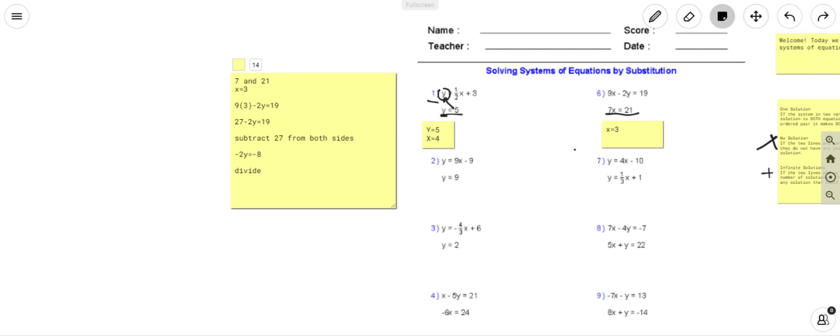And once we divide both sides by -2, y would equal 4, because a negative divided by a negative is a positive.